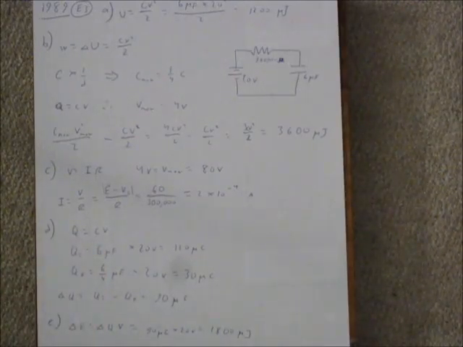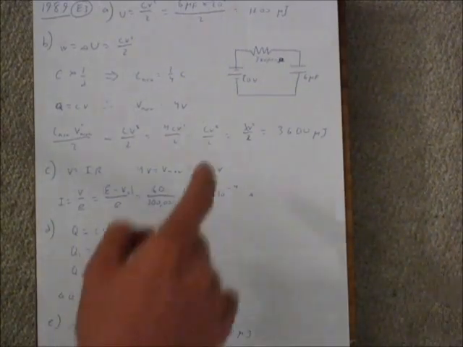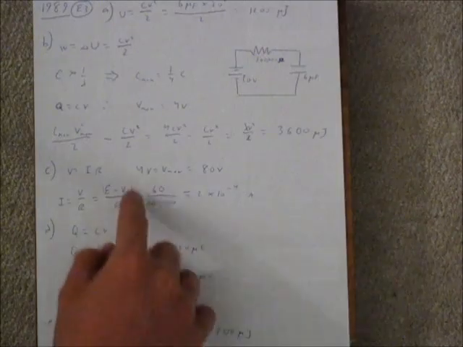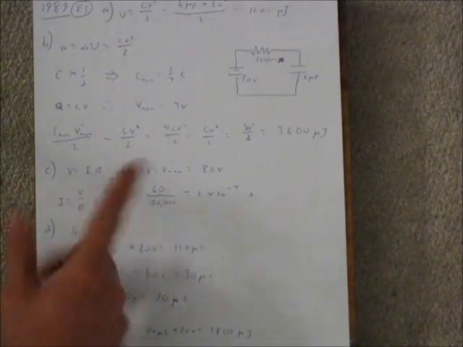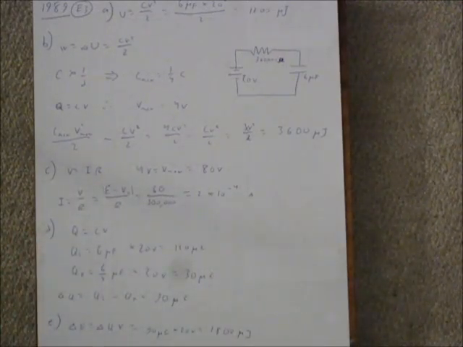So the original one was 20, and the new voltage of the capacitor is 80, since this is the one that was increased by the dielectric. So we find the difference between those two, and we divide that by resistance, and you should get 2 times 10 to the negative 4th amperes.